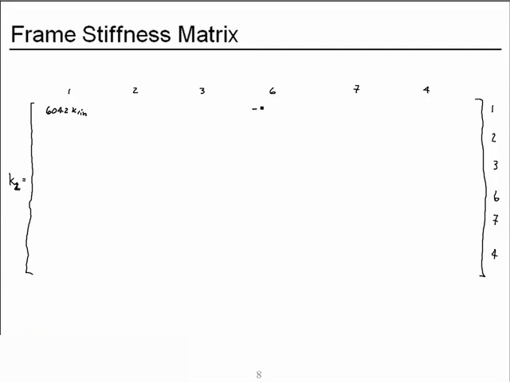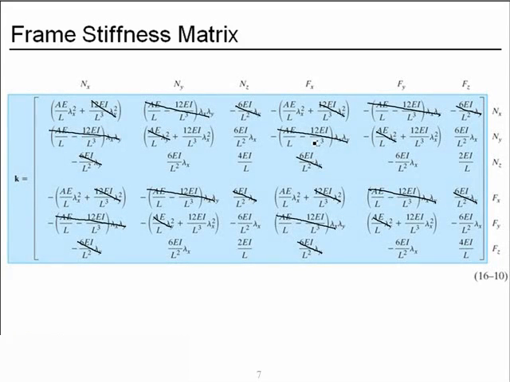And here we had minus AE over L, and the rest of the entries for this row are 0. Next row. The first and fourth columns are 0. The second and fifth columns are 12 EI over L cubed, only this one is negative. And the third and sixth columns are 6 EI over L squared, both positive.